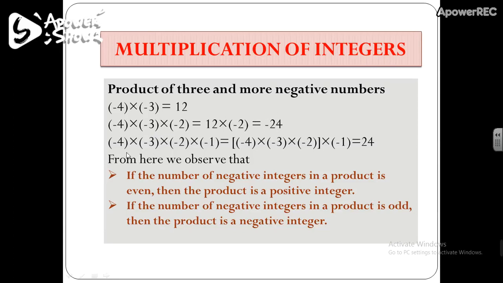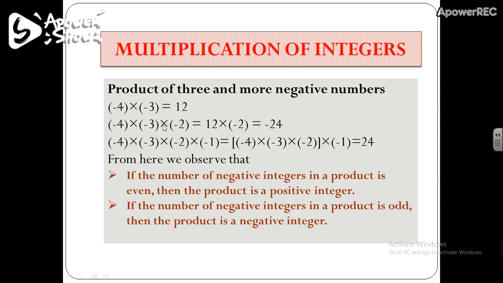Now in the third example we multiplied four negative integers, and the result we obtained is a positive integer. So in the first case we have two negative integers, the result is a positive integer. In the second one we have three negative integers, the result is a negative integer, and in the third one we have four negative integers and the result is a positive integer.